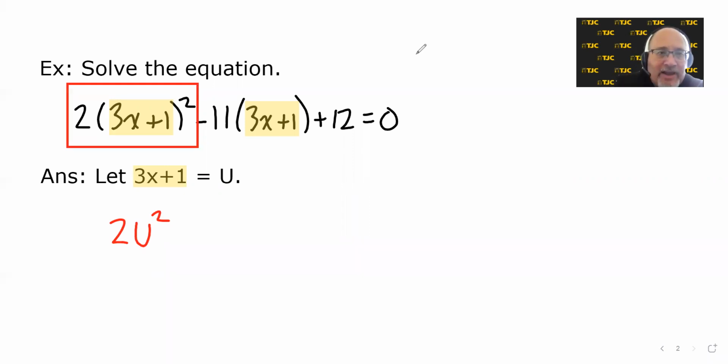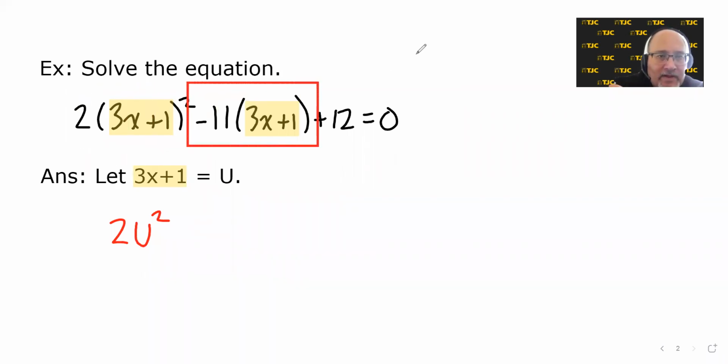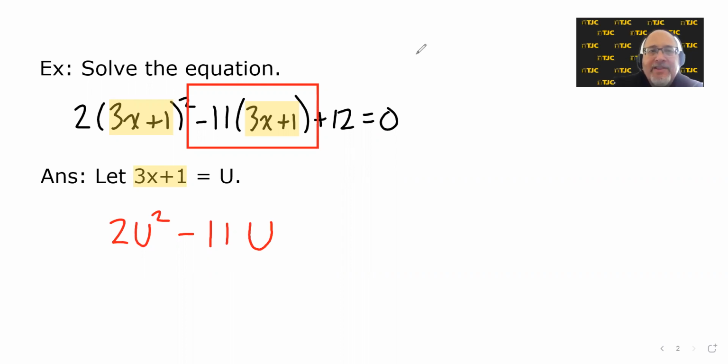Let's move to the next term. The minus 11 times open parentheses 3x plus 1. Well, again, the 3x plus 1 is getting replaced with the letter u, so we'll have minus 11u. And again, the parentheses aren't necessary there because there's nothing to distribute. So there's only a single term after the minus 11 now.